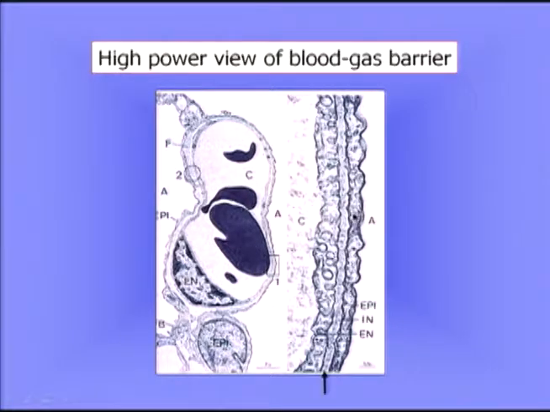And we can see very clearly the alveolar epithelial layer here, the endothelial layer here, the plasma in the capillary here, and the extracellular matrix between the two layers. And in the center of the extracellular matrix is this electron-dense band, which we believe contains the type 4 collagen that's responsible for the strength of the barrier.